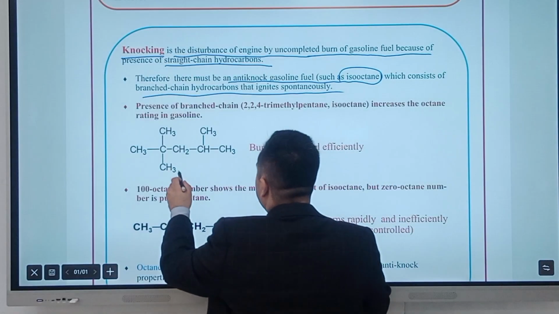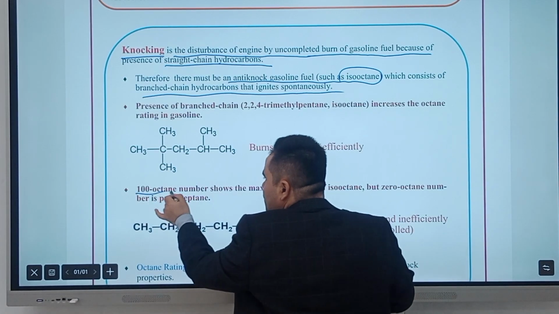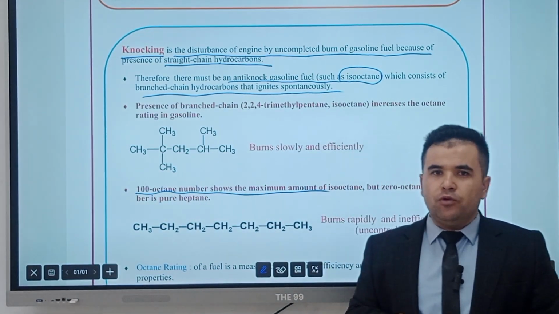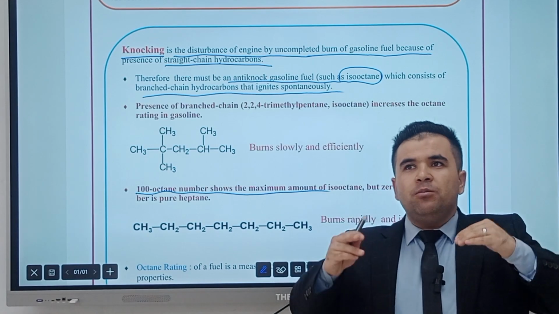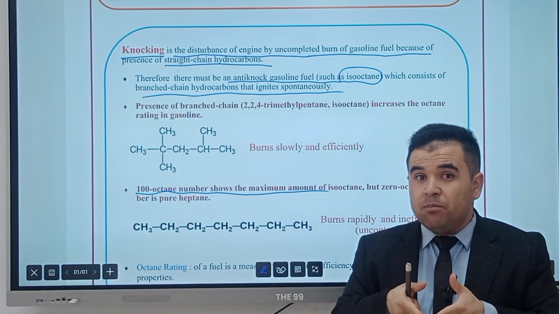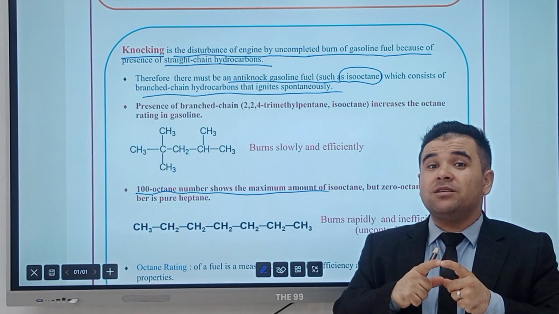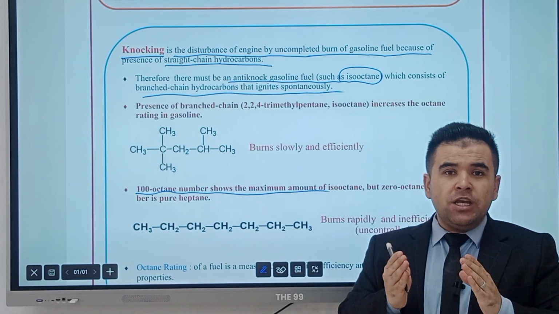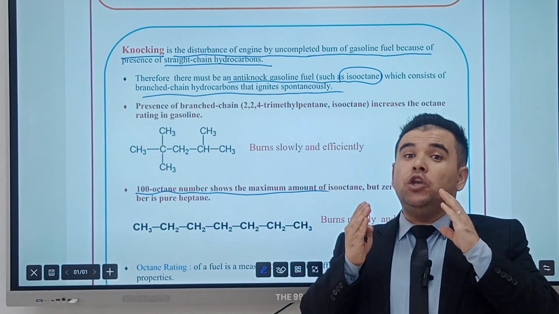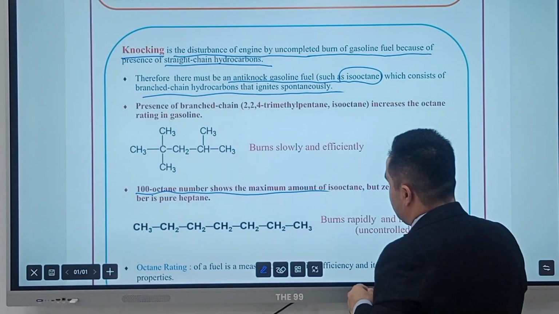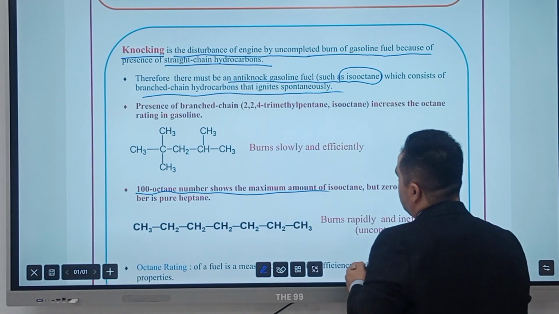This is the maximum octane number that we have. As the octane number increases, the fuel becomes more efficient in combustion, and it combusts with high efficiency.